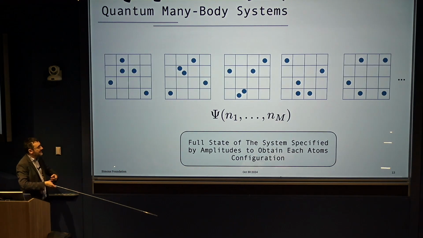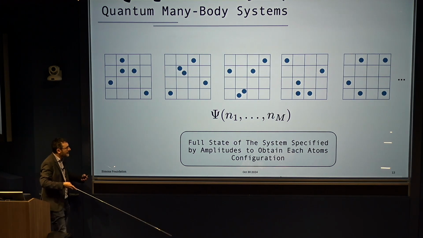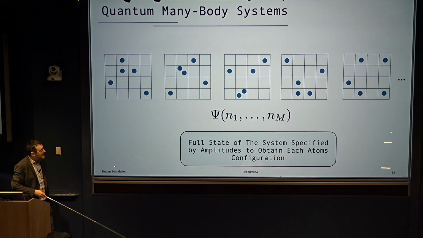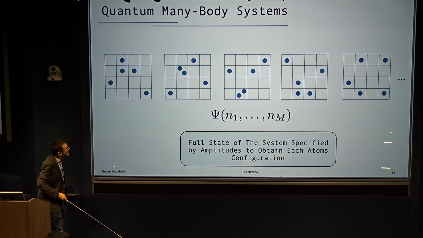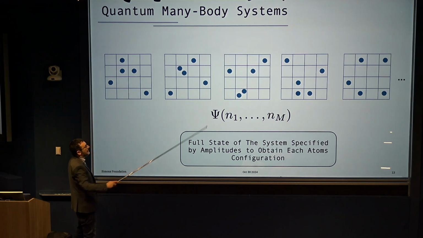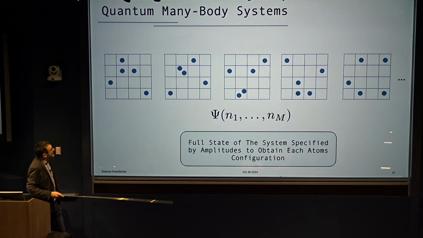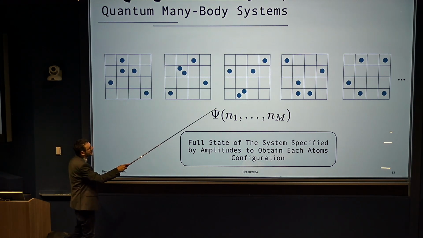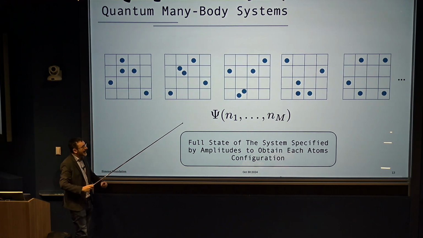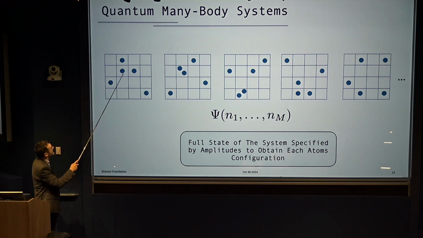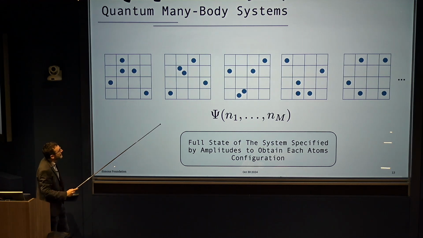And things become much more involved when instead of a single atom, a single quantum particle, we have many of such atoms. In this case, the wave function that describes the amplitudes of this ensemble of atoms is essentially to be found by considering all the possible ways of placing your quantum particles inside this box. So typically, for example, what you could do is to draw small boxes inside your big box.